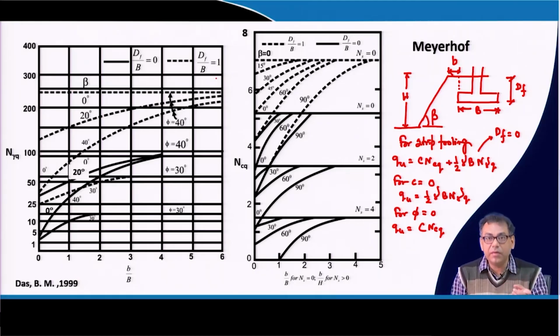Now, if your foundation is in between, that means between D_f/B equal to 0 and D_f/B equal to 1, then you have to linearly interpolate the values.